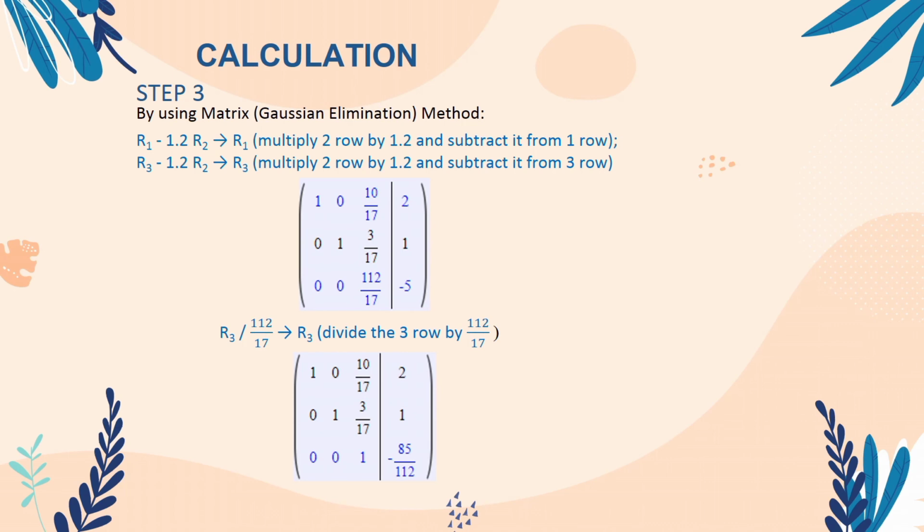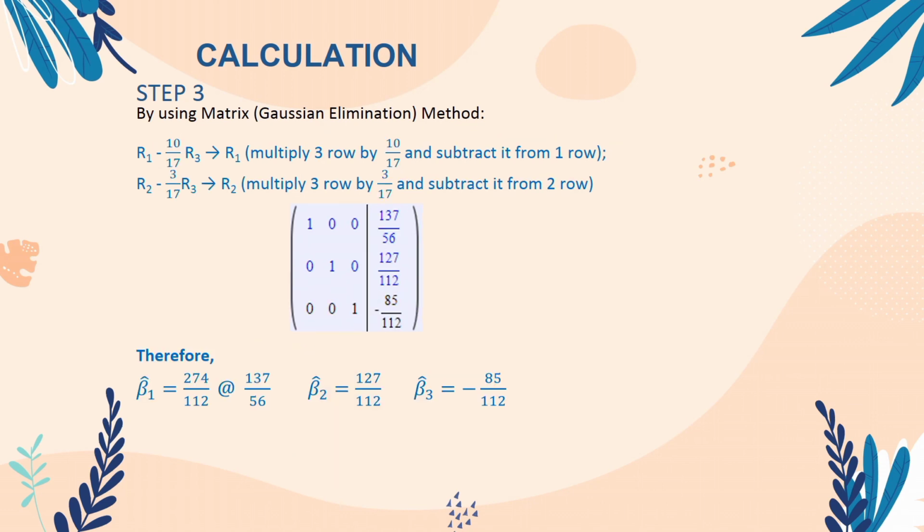And then we proceed by changing row 3, which is we divide row 3 by 112 over 17. And then we change row 1 by row 1 minus 10 over 17 times row 3, and also we change row 2 by row 2 minus 3 over 17 times row 3.